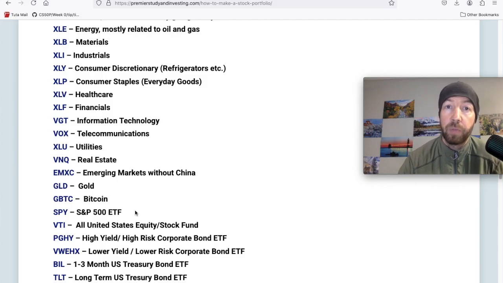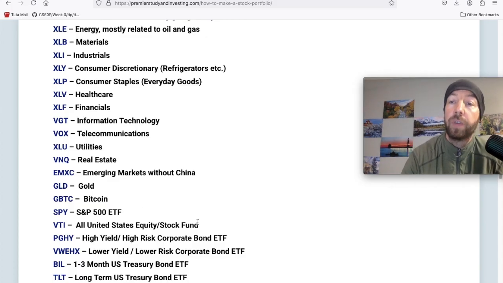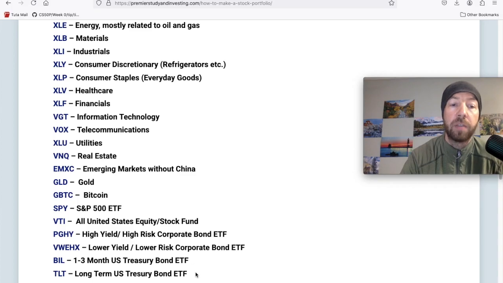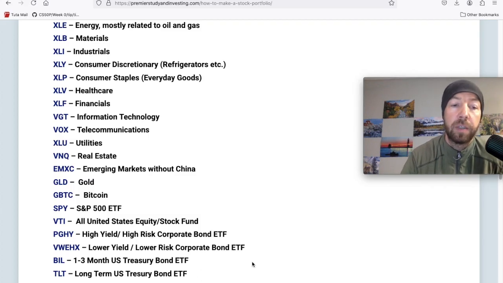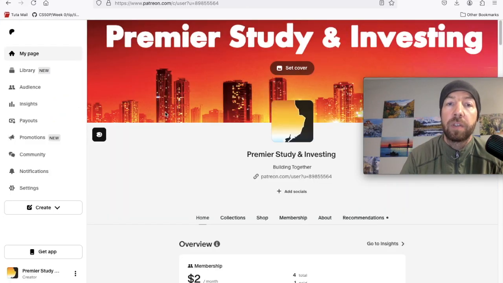Maybe we should just be putting money into a large allocation in the S&P 500. Well, we put it in there so that way we know. Also VTI, kind of the same reason, for those people that are into financial independence, retire early. Two corporate bond funds, junk bond and investment grade, and then two of what people sometimes call risk-free products, the bill and the TLT. And so those would be the ones that you would get in your package if you got it from Premier Study Investing on Patreon.